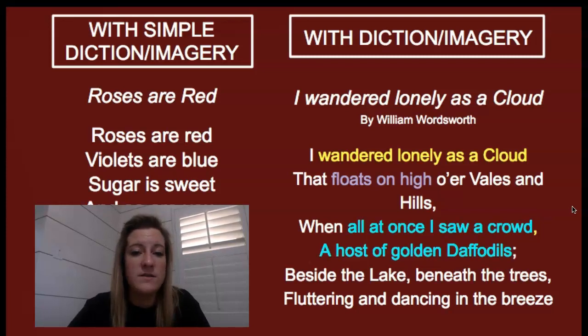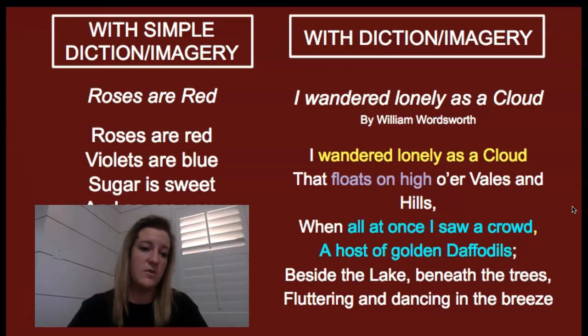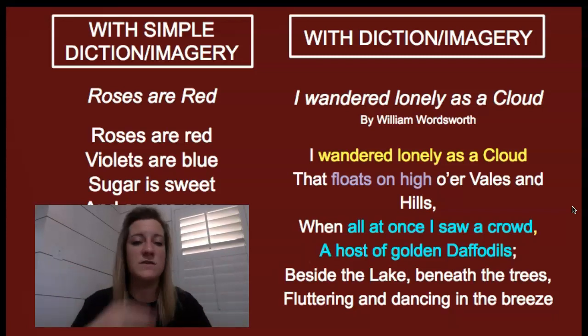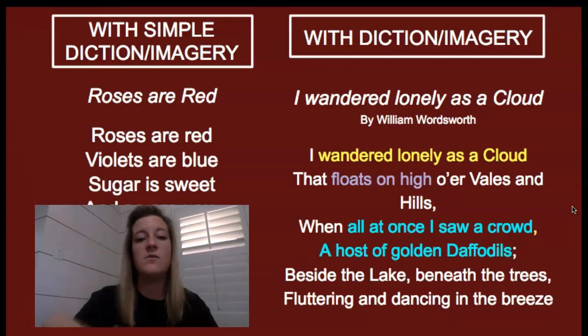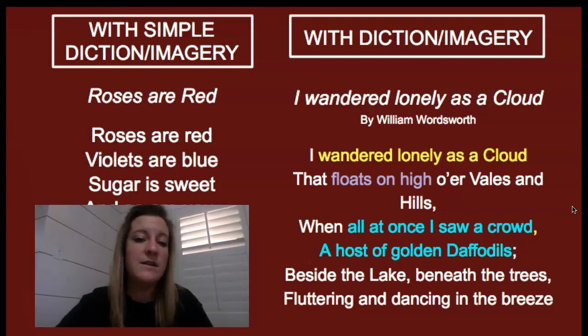When all at once I saw a crowd, a host of golden daffodils. So, when you're at a Ranger game or a concert or a football game, there's crowds everywhere. There's people just clumped together constantly. Everywhere you turn, you see people. So, all at once I saw this crowd, this group. A host of golden daffodils.